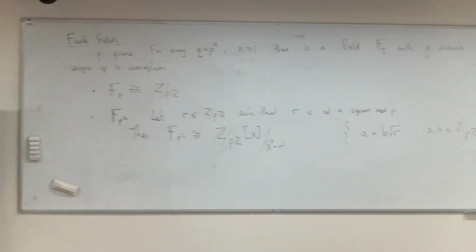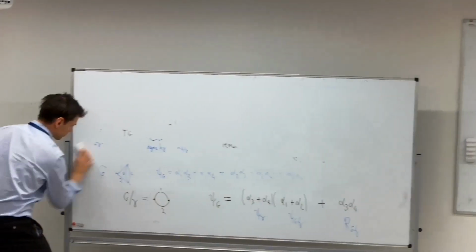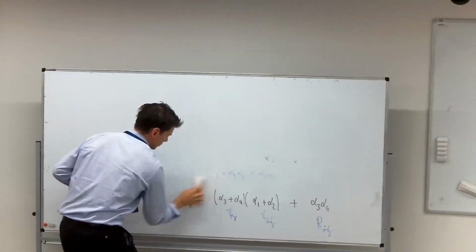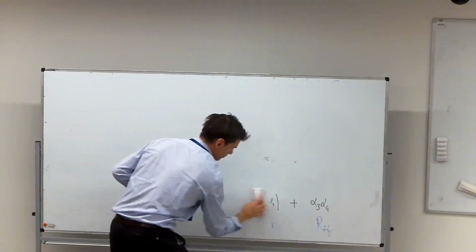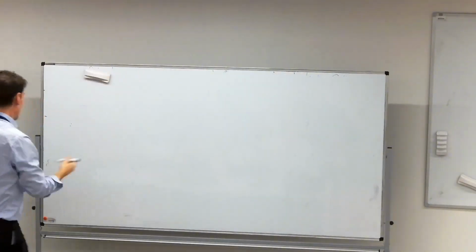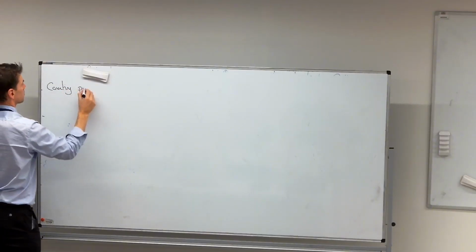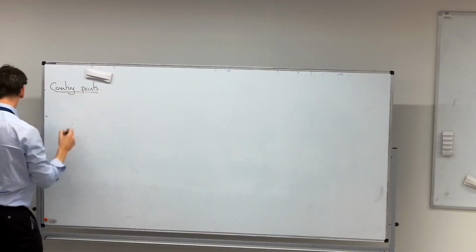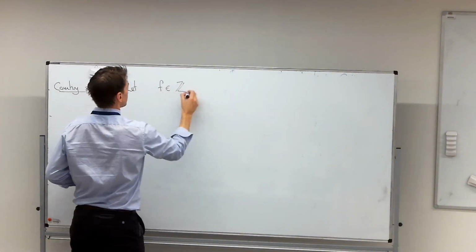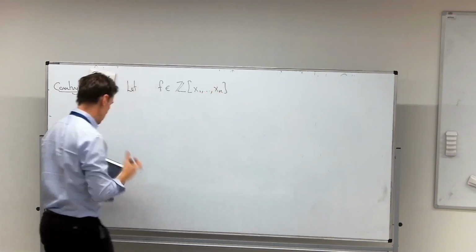Okay, so armed with this, we can talk about counting points, which is a lot of fun. Let f be a polynomial in n variables with integer coefficients.